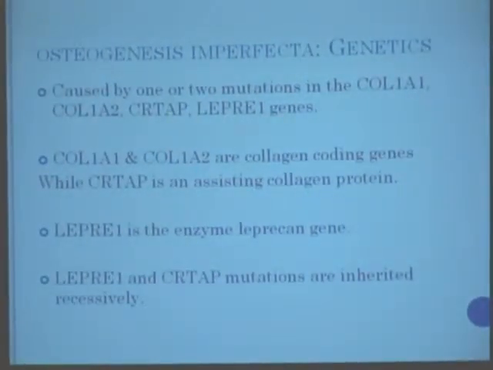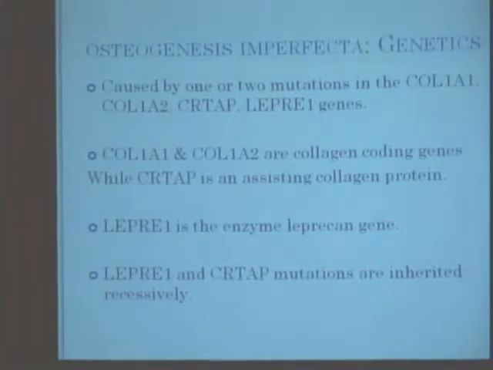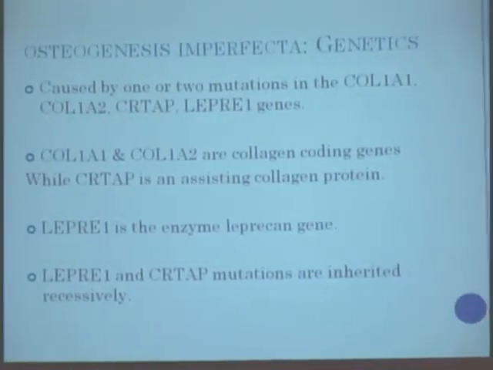Collagen 1 alpha 1 and collagen 1 alpha 2 are collagen coding proteins, while CRTAP is an assisting collagen protein. And the leprechaun and the CRTAP mutations are inherited recessively.